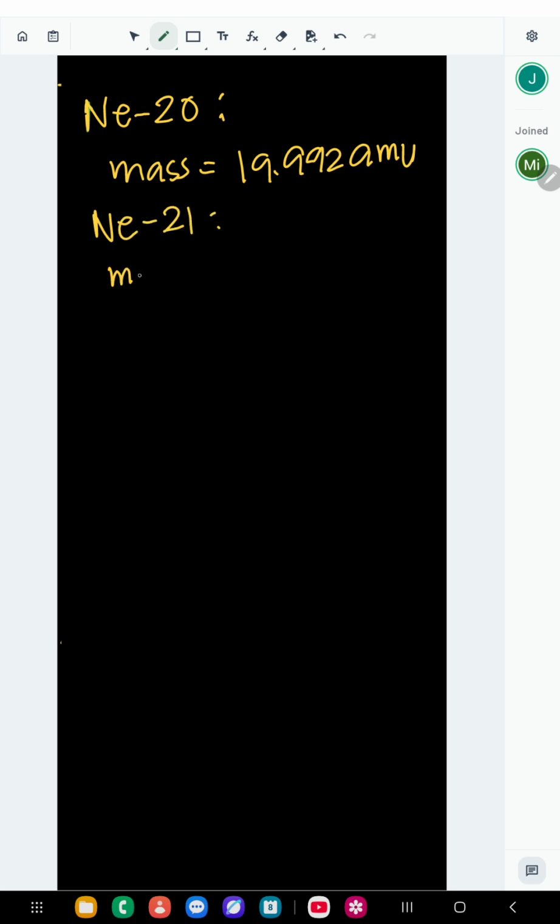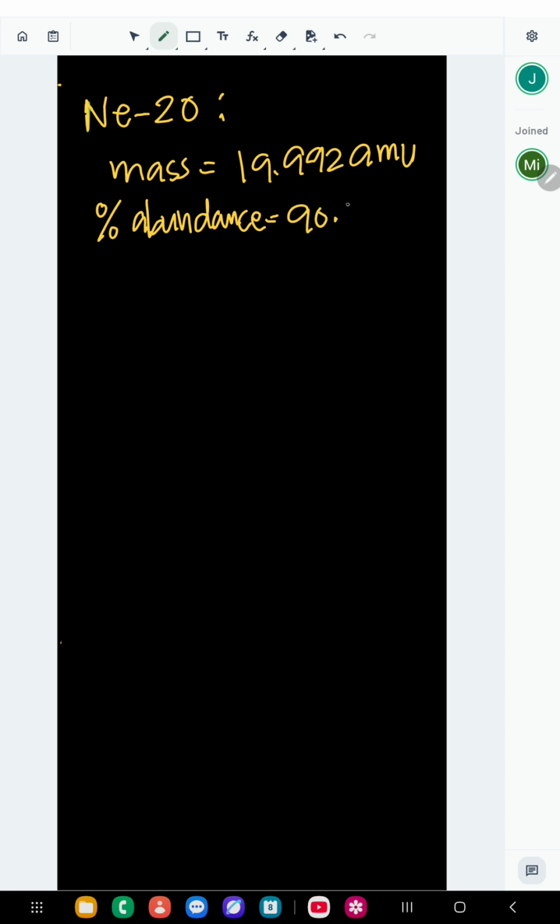So for neon 20, its mass is equal to 19.992 atomic mass unit. Then for neon 21, I will also put the percent abundance.